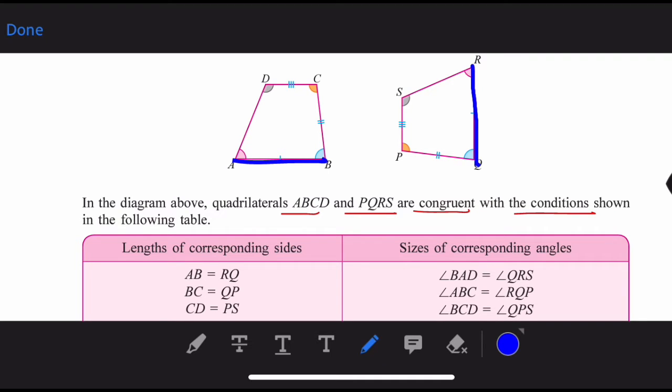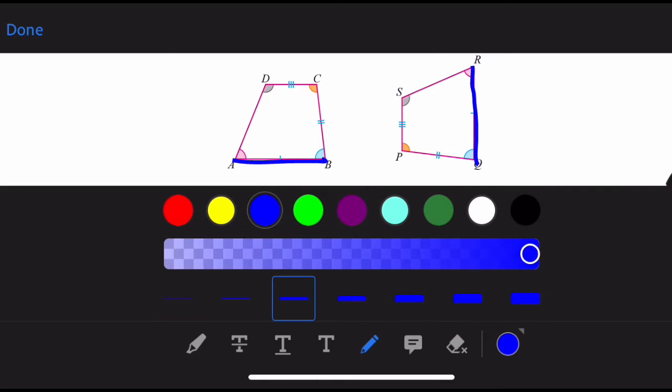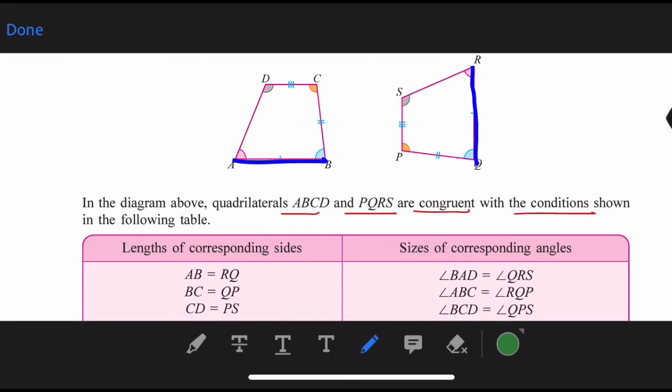Then BC, I'm going to use green color. BC and QP, these two are the same length, right?